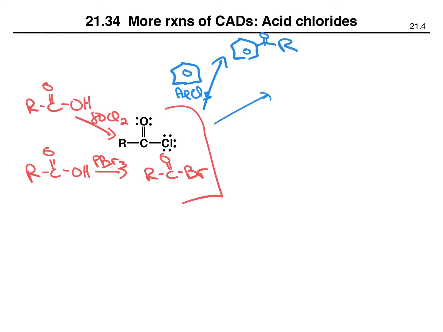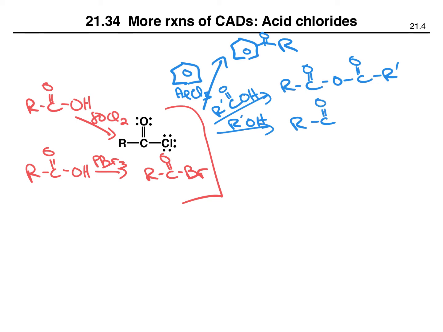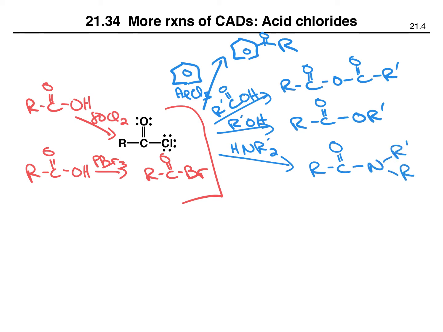In this chapter, we saw that we can do nucleophilic acyl substitution. So if we take this acid chloride or acid bromide and react it with a carboxylic acid, we can make an anhydride. We can react these with an alcohol to form an ester. We can react these with an amine to give an amide.